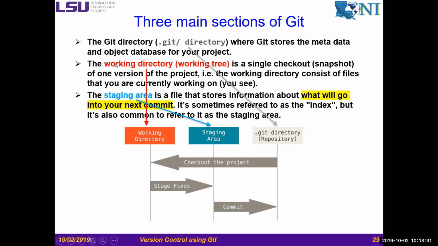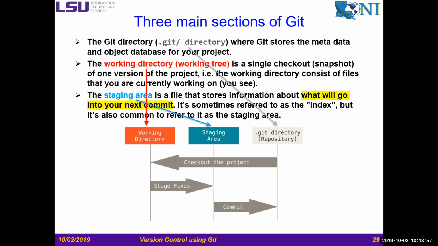It stores all the information of your project, whatever changes of your files, of your source code in the repository. The .git directory contains every piece of information, all the metadata. This is the repository. It contains all the version history.